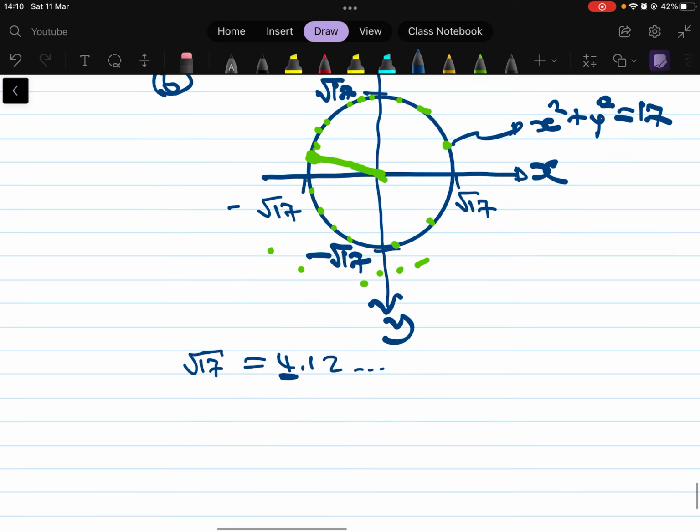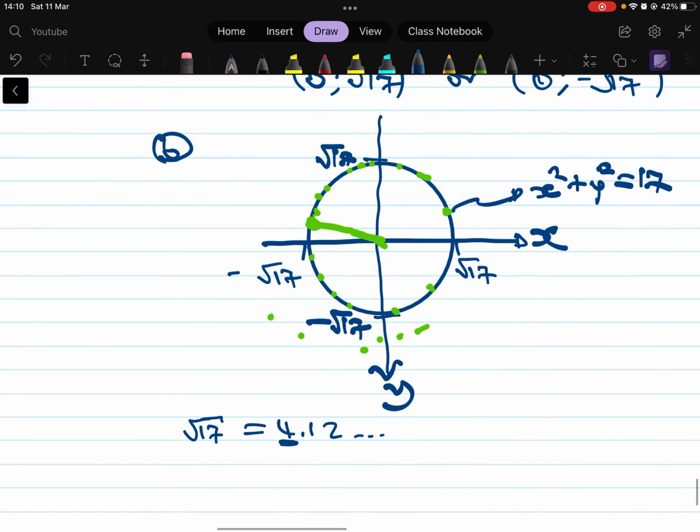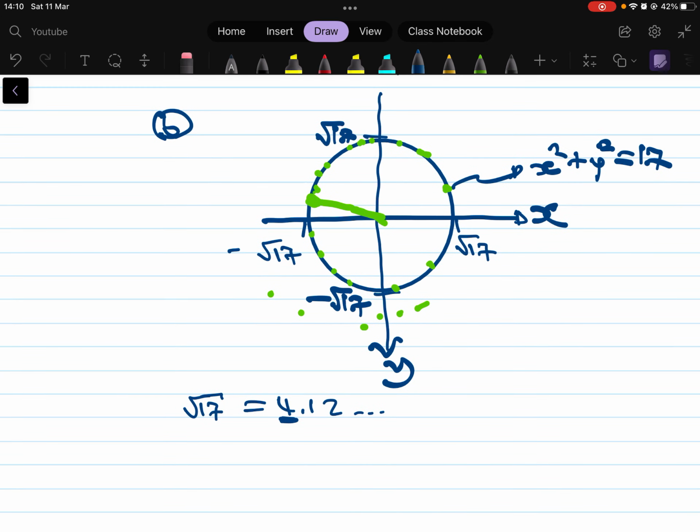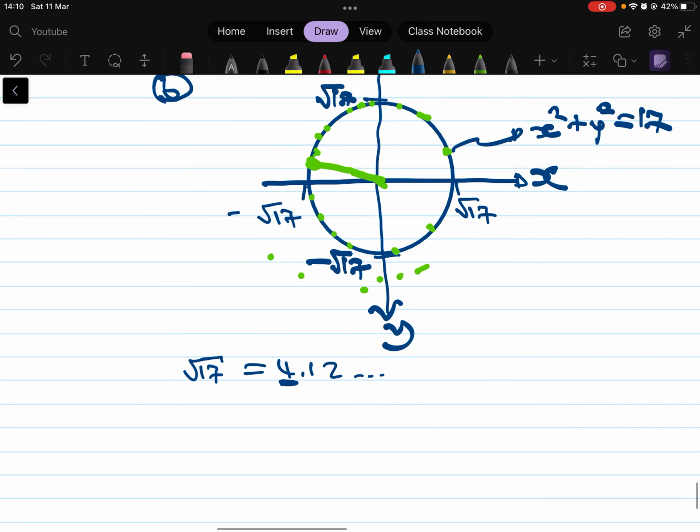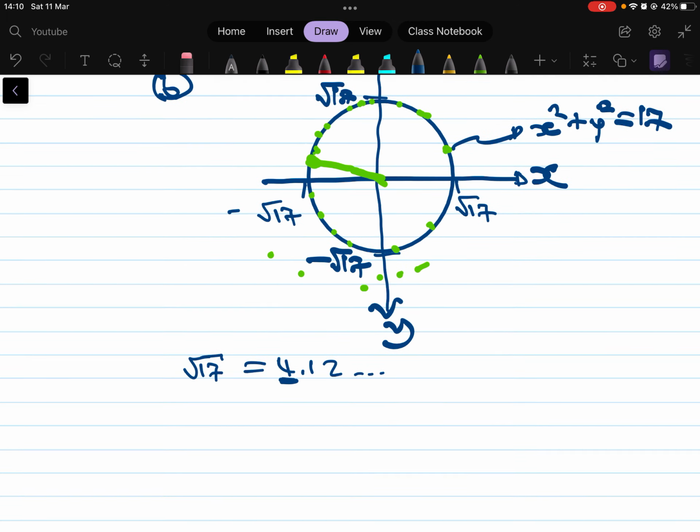So let's look at 1, because 1 is very easy to deal with. It doesn't involve a lot of mathematics there. So suppose we test 1. The equation is this: x squared plus y squared equals 17.